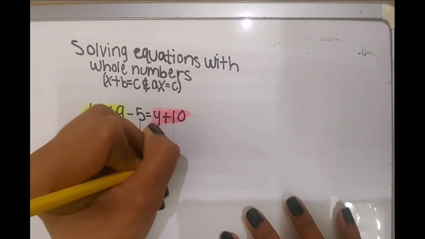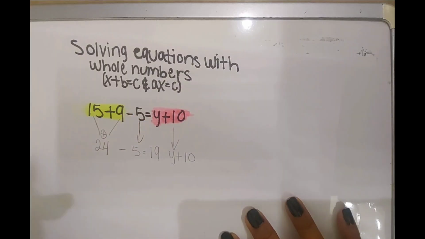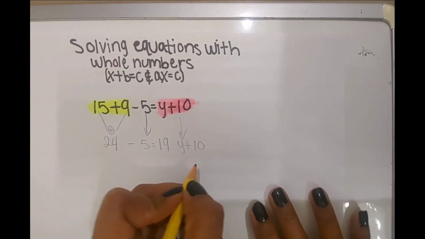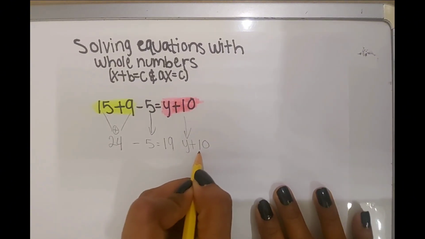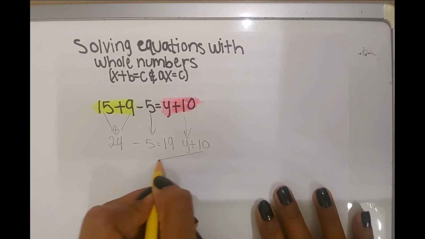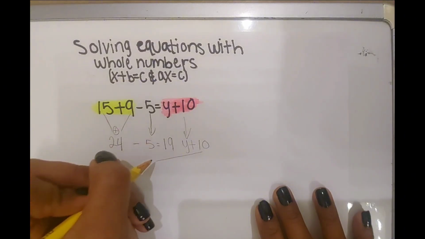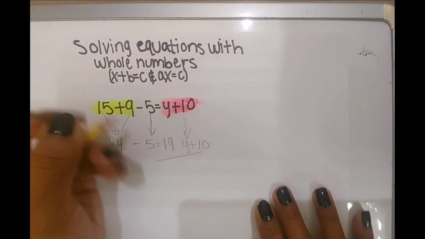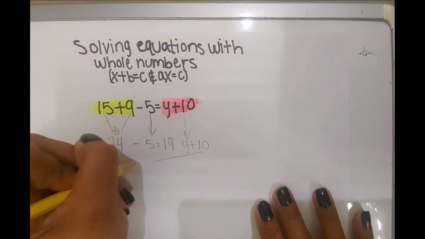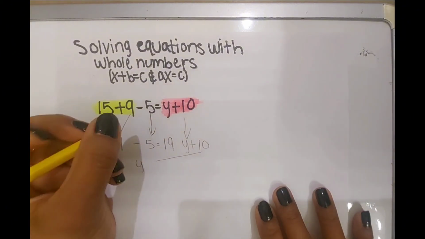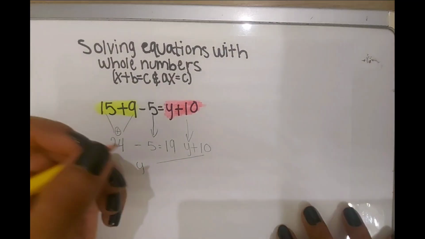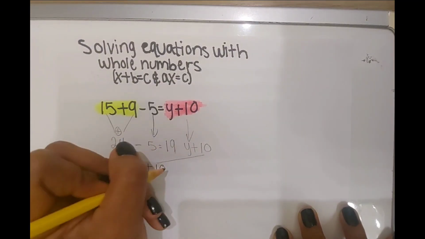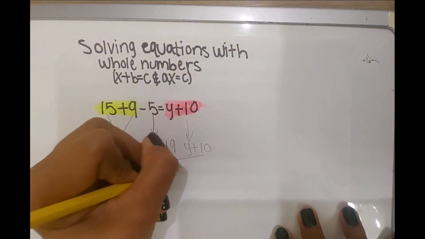So we have y plus 10 but you swap this, like there, you bring it down, you bring it swapped, and then you do this y plus 10, and you equal that to 19.